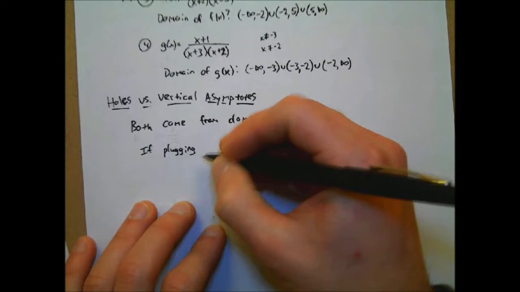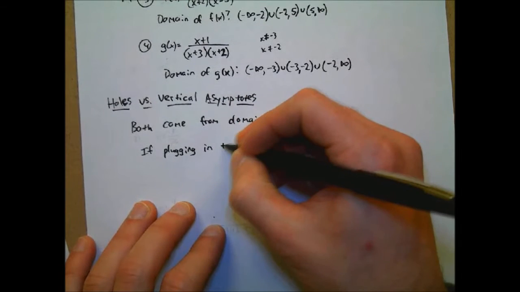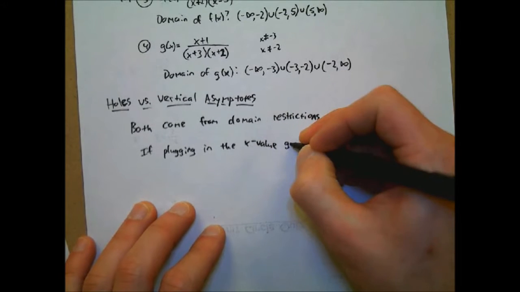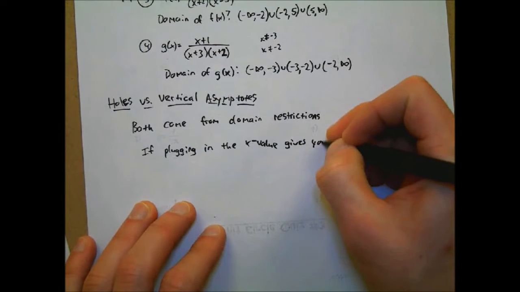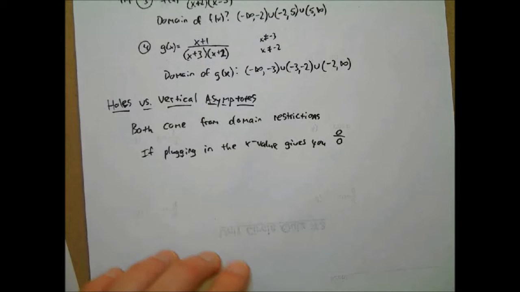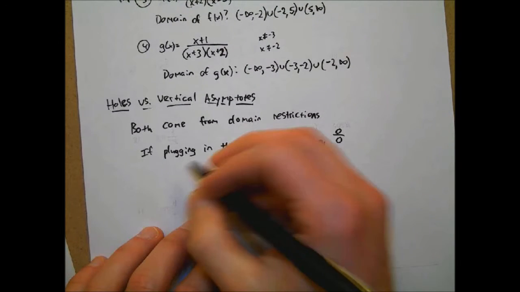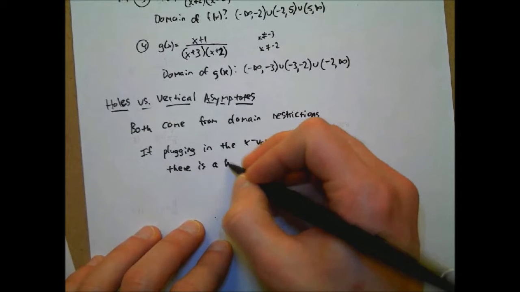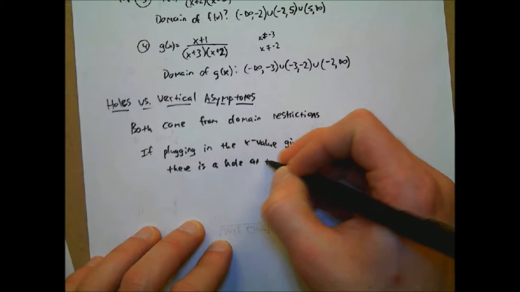If plugging in the x value gives you 0 over 0 like that, then there is a hole at that x value, not a vertical asymptote.